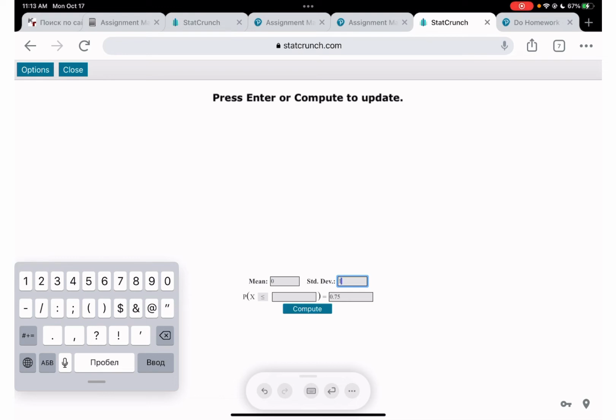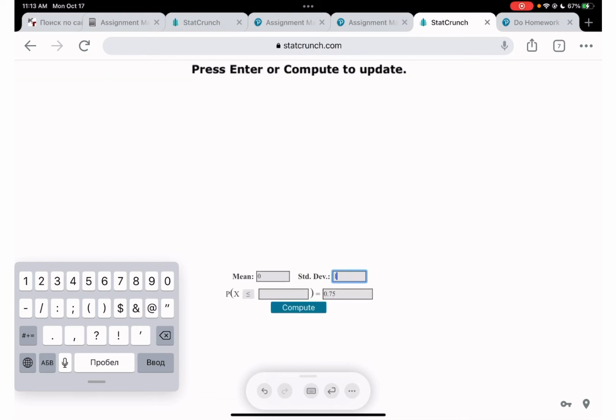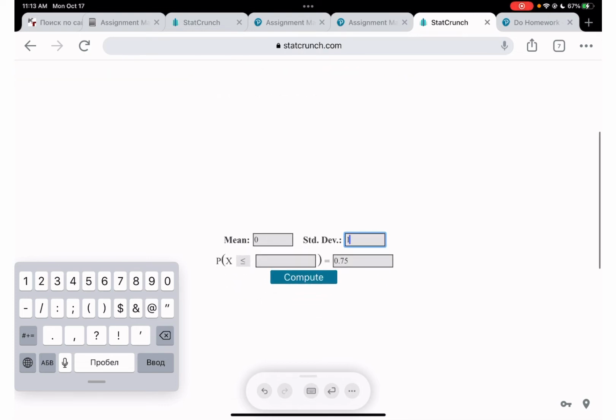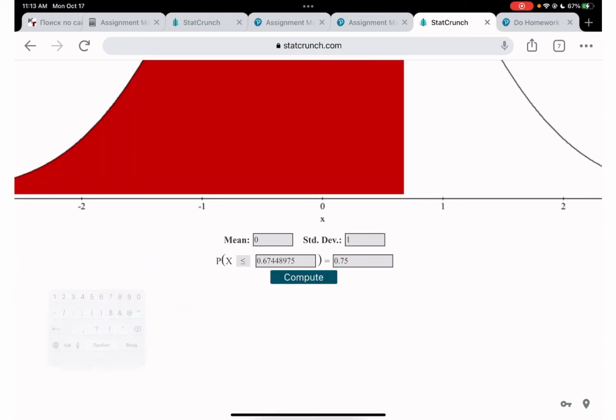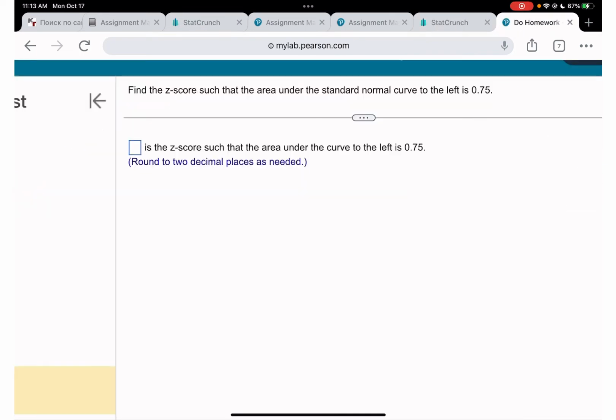Every time when we use z-score, probability and z-score, we need to use mean 0 and deviation is 1. So we are getting result 0.6745. So z-score is going to be 0.67, I would put, because for z-score we use only 2 decimal places.